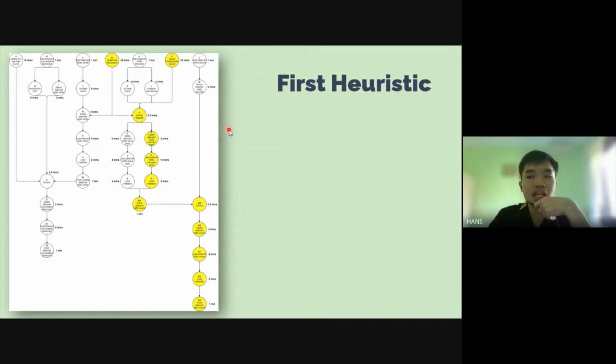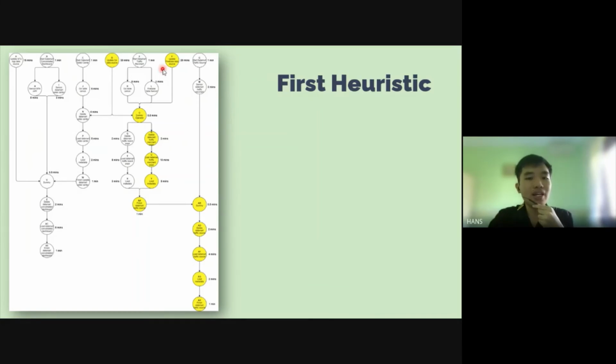But our first heuristic algorithm says that we sort the remaining jobs that do not have the precedent constraint based on their LPT order, the longest processing time, and we try to add those jobs one by one to the VM1 so that the adjusted total time is closest to the target total time, which is 77.5 minutes. The reason we use the LPT principle is because LPT has a reasonably good worst case heuristic ratio of 4/3.